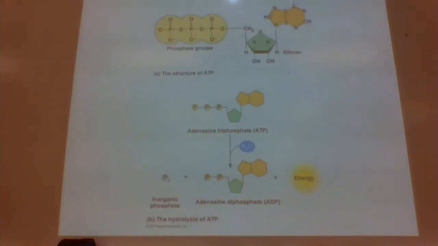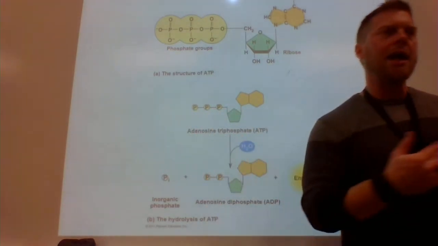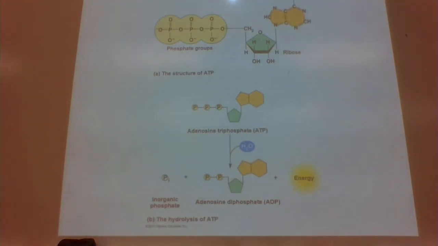So ATP releases energy through hydrolysis of what we call the terminal phosphate, by cutting off the third phosphate group. And when you cut off the third phosphate group, you go from having ATP to now having ADP. Right, it's ADP plus a phosphate group technically.